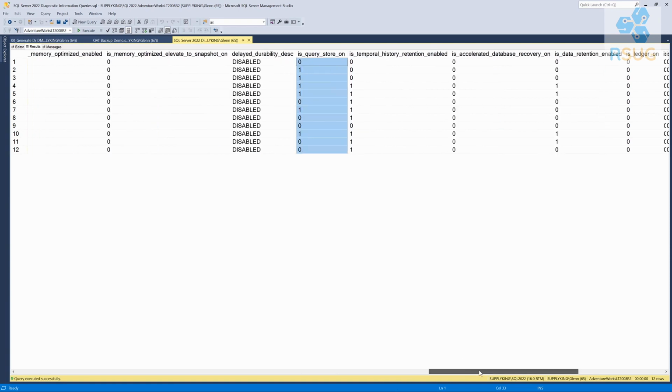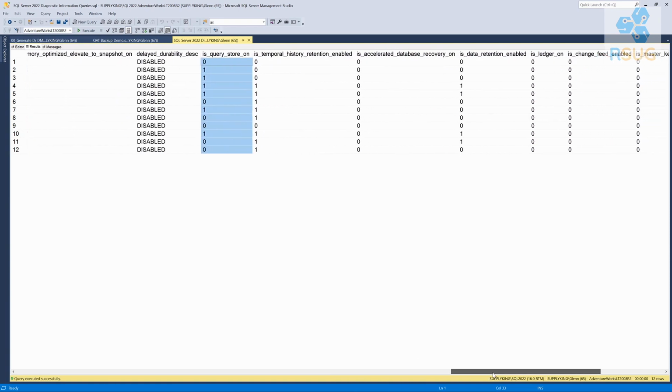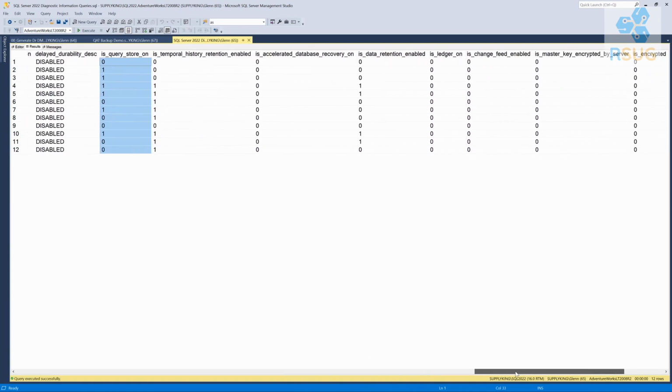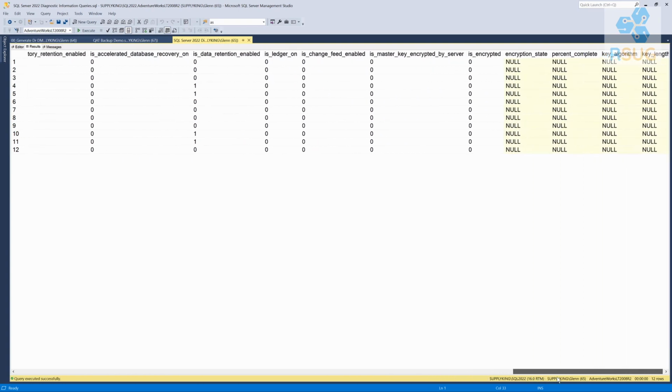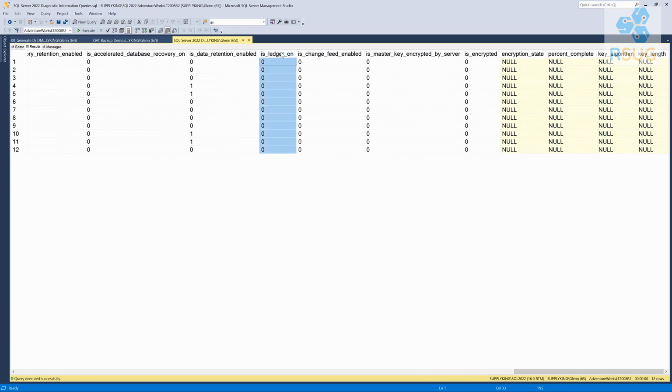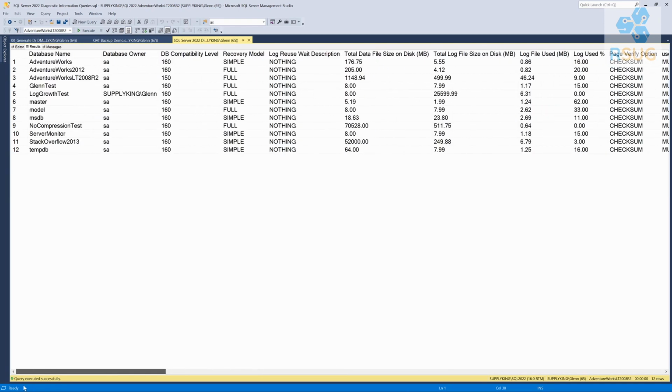But if you're on a new enough build of SQL Server 2016 or newer, it's perfectly safe and it's very, very useful. And there's a bunch of new things that were added in SQL Server 2022, like these ones. This tells you if you're using TDE, transparent data encryption. So a lot of useful stuff there.